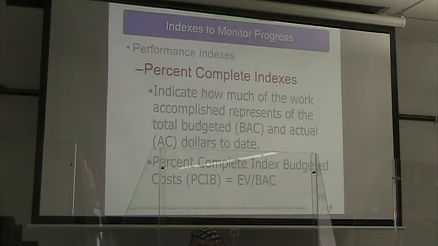So we also have the percent complete index budgeted costs, or PCIB, which is the earned value divided by the budgeted actual cost to complete.